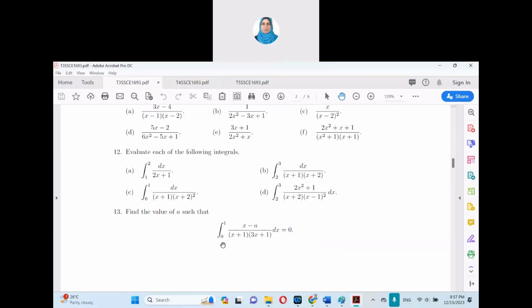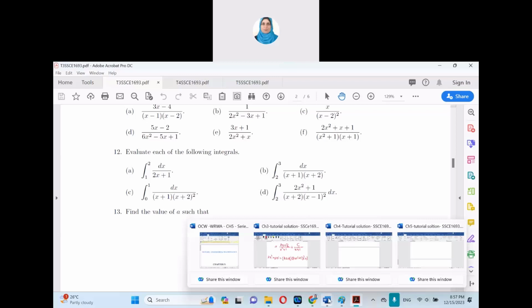Find the value of a such that the integration of x minus a over x plus 1 times 3x plus 1, dx, equals 0. First, you need to integrate, then make what you have equal to 0. To integrate here, you need to use partial fractions.